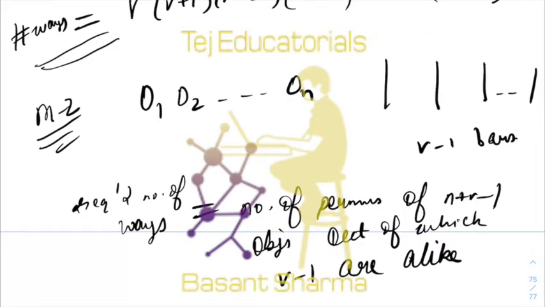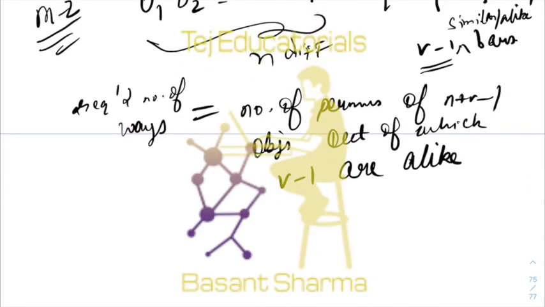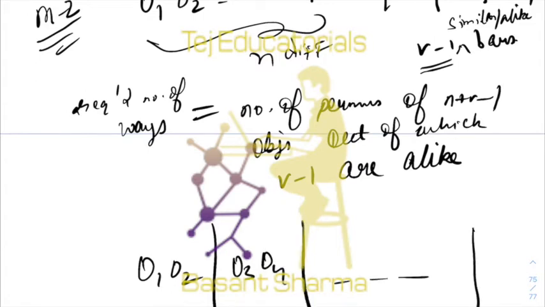Now why did I say this? You take any permutation of these n objects and these r minus 1 bars. These are n different objects and these are r minus 1 similar, or alike, bars. Now if I take any arrangement of these objects, suppose I take O1, O2 here, I put a bar here, O3, O4 here, put a bar here, and so on.